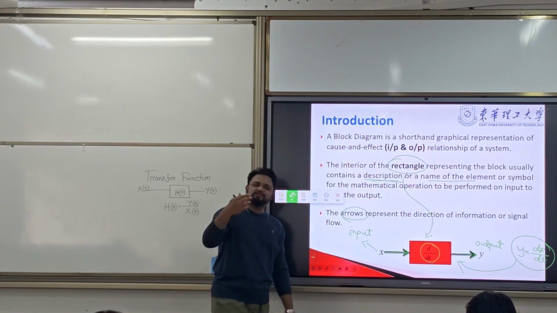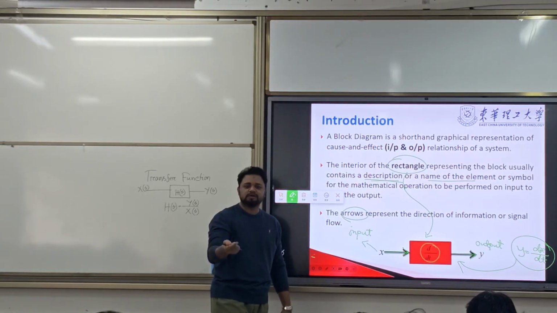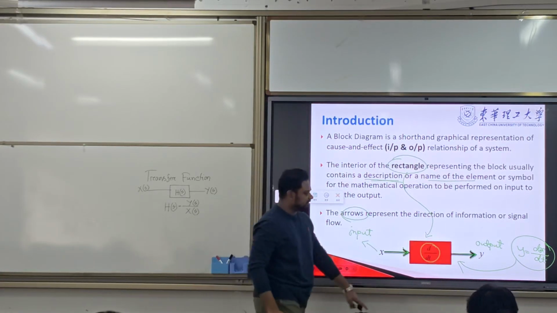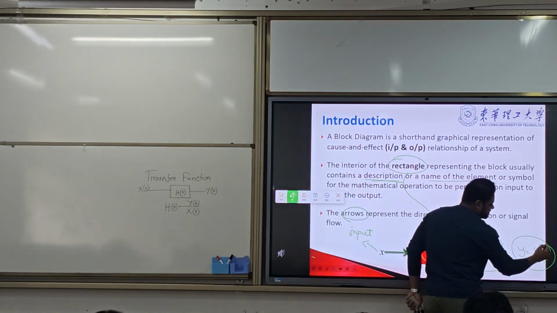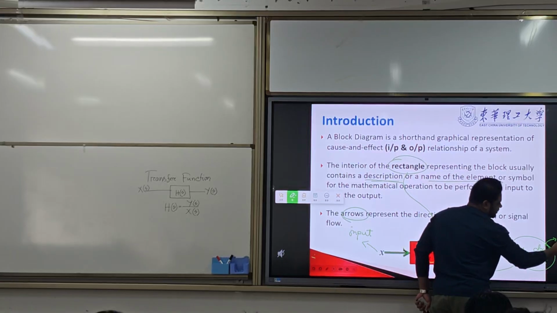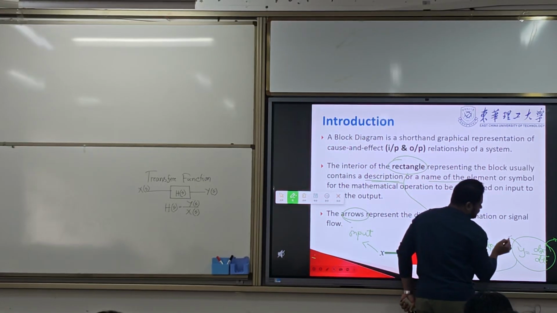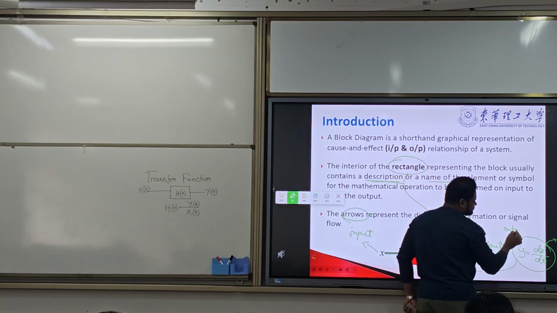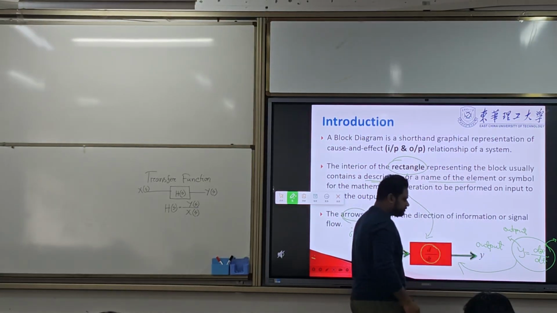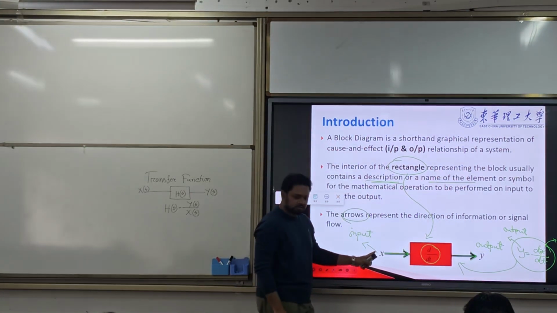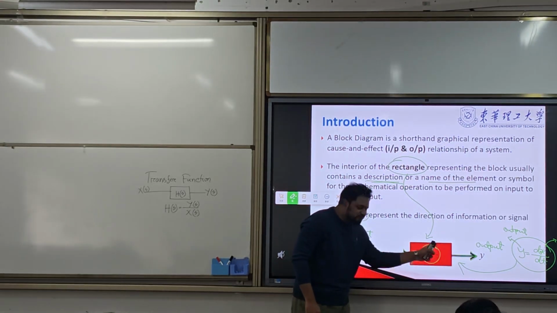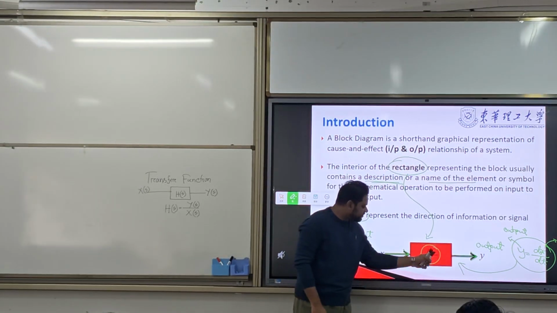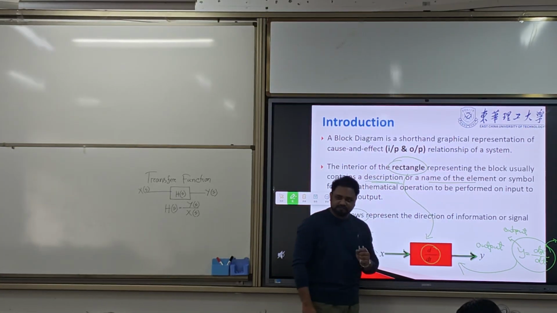So we first need to define what the input of the system is and what the output is. We can say x is the input and y is the output of the system. So x will flow to y through a differential operator. This is a differential operator, d/dt.